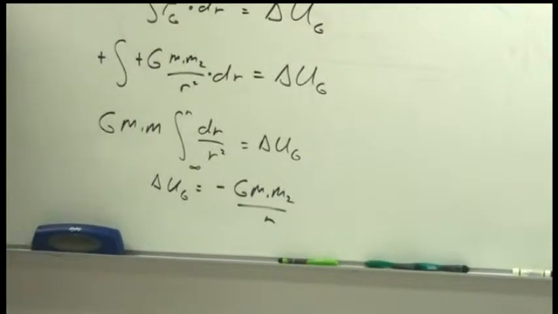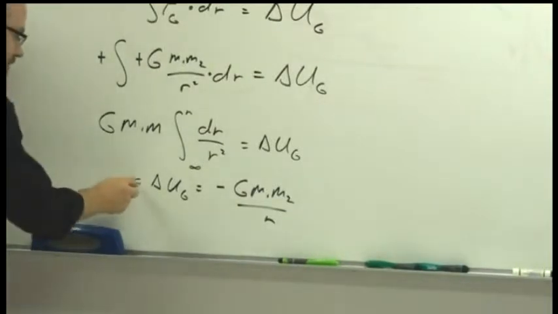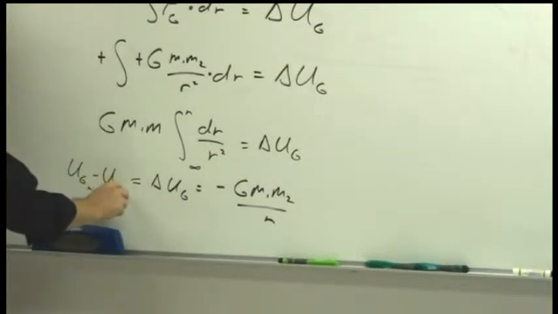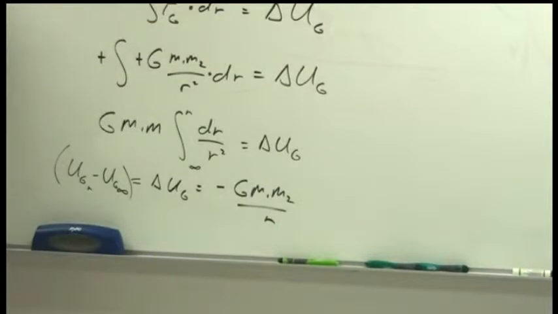And what that does is this. That's final minus initial. So the gravitational potential energy at R minus the gravitational potential energy at infinity. And here's the cool thing about what that does.